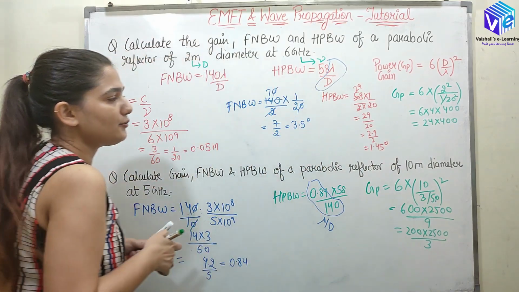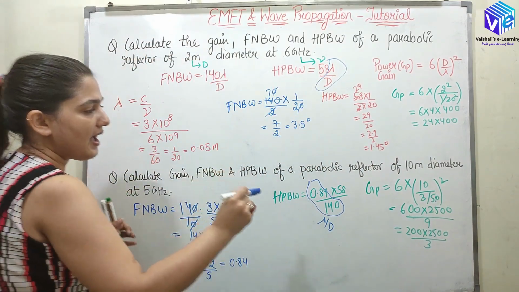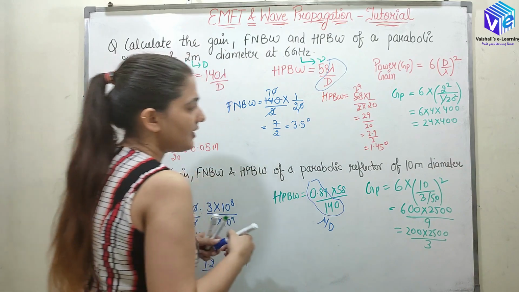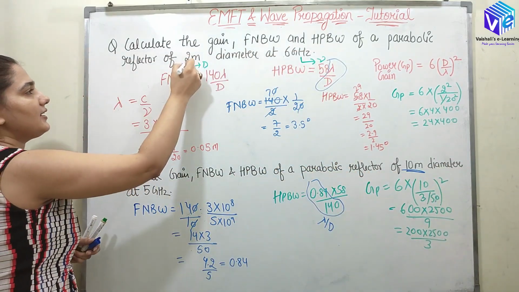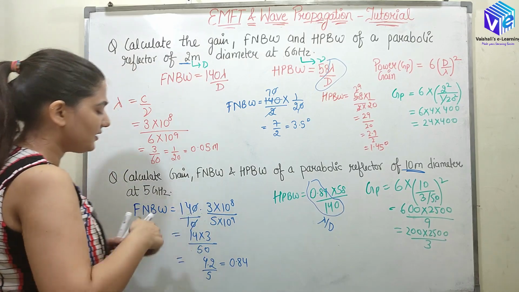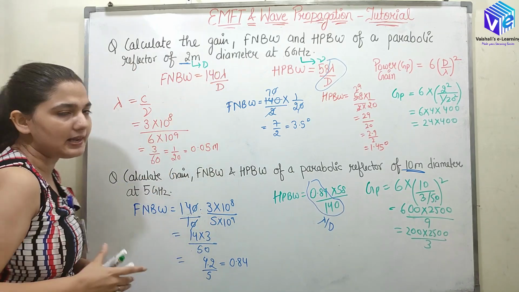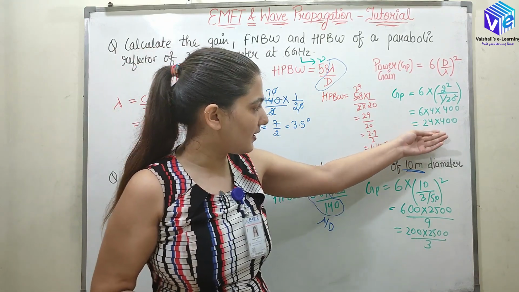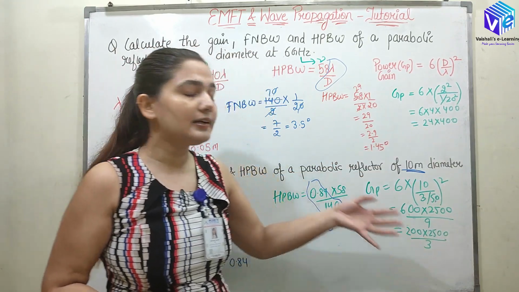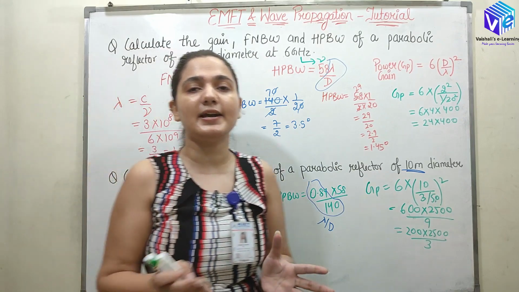From here you can see, if I have a bigger diameter, here the diameter is 10 meter. What is the diameter in the previous case? The diameter is 2 meter and the change in frequency is minimal. So when I am increasing the diameter, you can see the gain has increased tremendously.